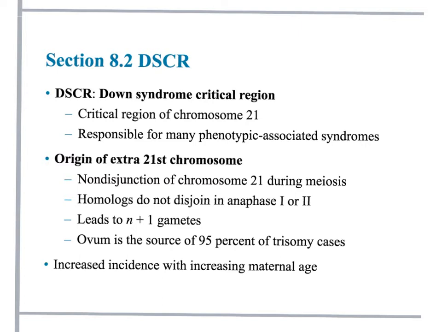And there's an increased incidence with the woman's age, but there's a lot of controversy around that now. That had been the big understanding: the older the woman is, the more likely she is to have a child with Down syndrome. But it's getting a little harder to prove that.